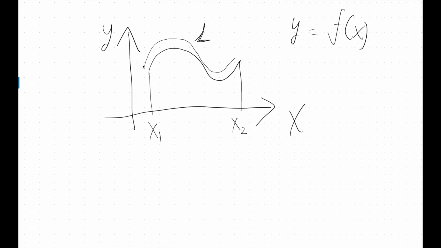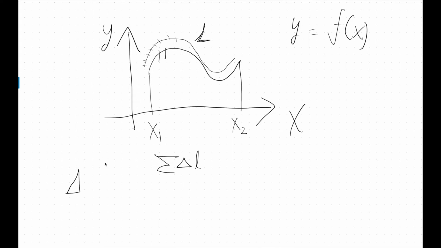Now we can find the length by dividing this into many small tiny little parts and summing up all the lengths, sigma delta L. So let's first take one part of this graph, a tiny part. Suppose this part.